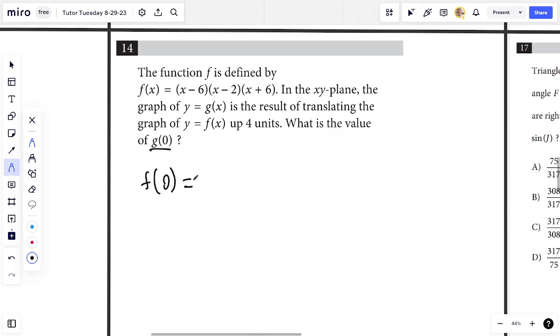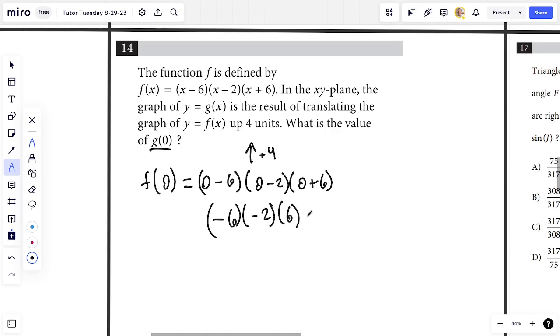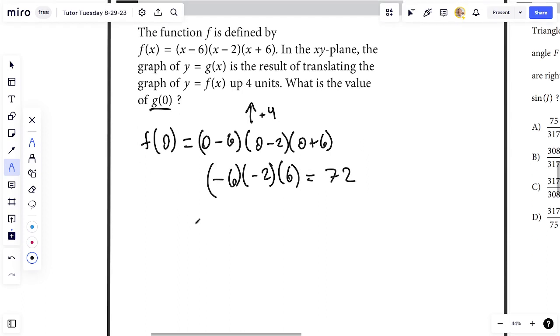Because g of 0 is just going to be the function f, but up by 4 units. So f of 0 is 0 minus 6 times 0 minus 2 times 0 plus 6, which is negative 6, negative 2 times 6. So that's going to be 72.